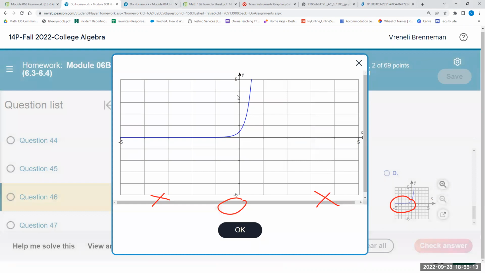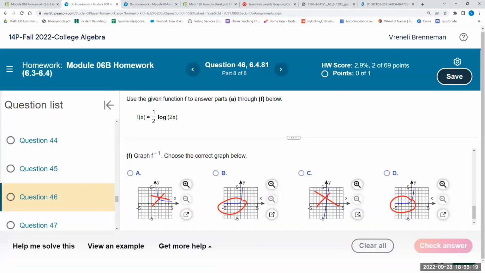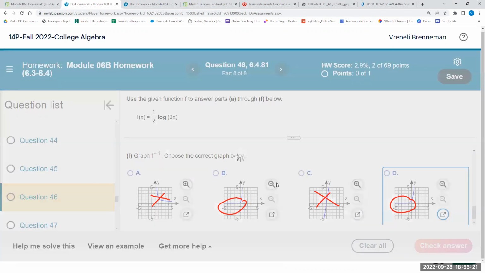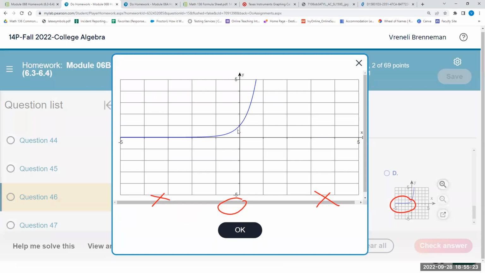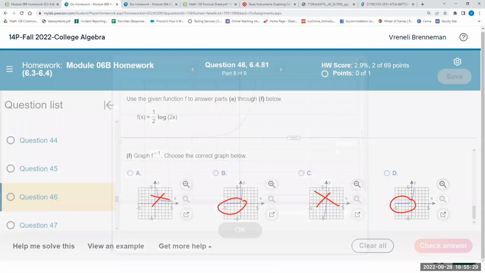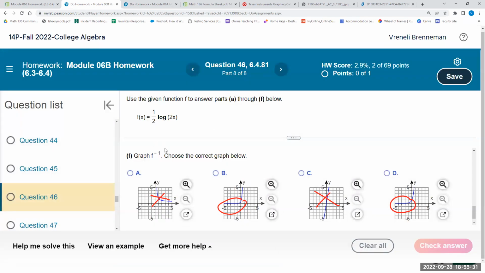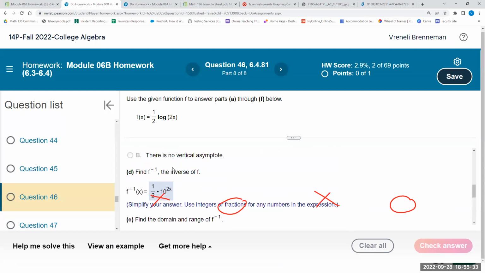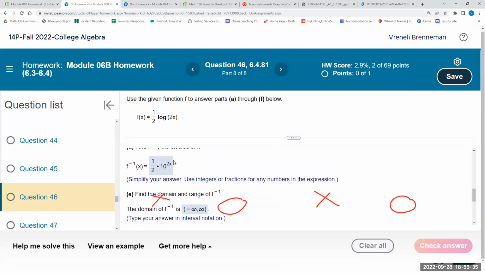This one looks like it's crossing the axis at 1/2, and so it's a little bit shallower. This one is crossing the y-axis at 1. So that's the main difference I see, and I can really calculate. If I plug in 0 for x into this, I would get 10 to the 0, which would be 1 times 1/2.